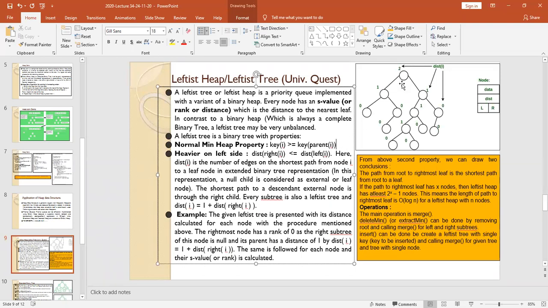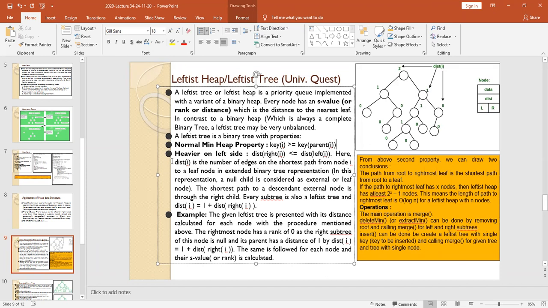See the scenario here: left part you have two, right part you have one. This is the property for the minimum heap, where the parent node is lesser than the child node. The second property is that left will have higher data than the right side. Keep that in mind.